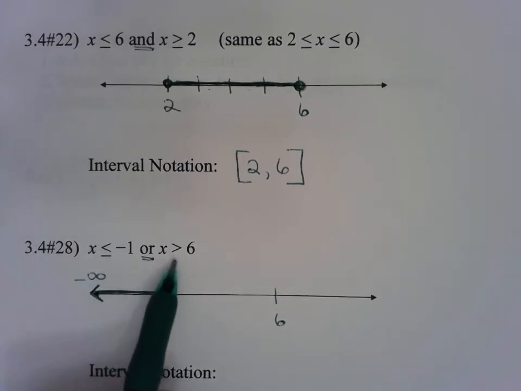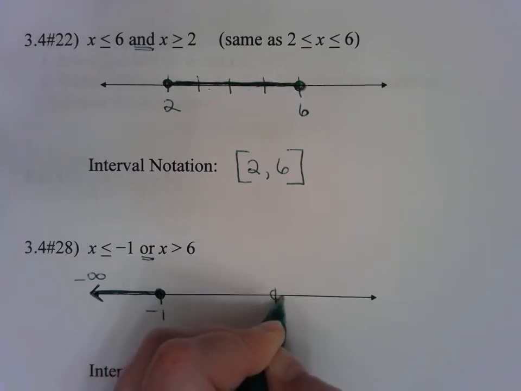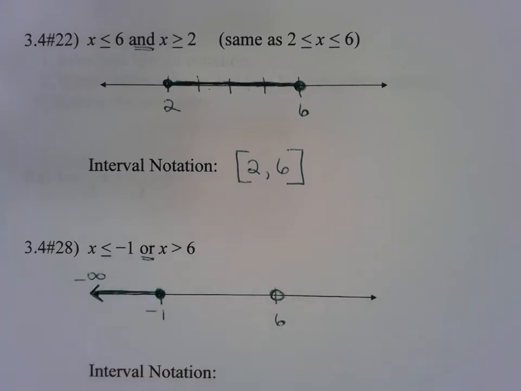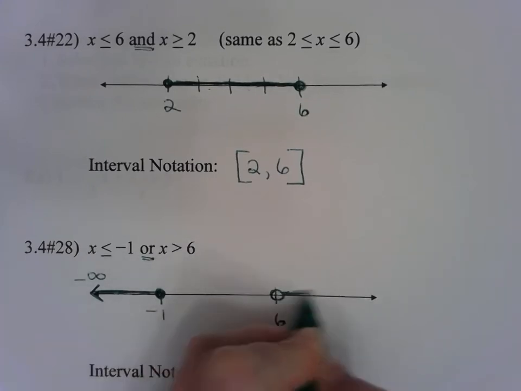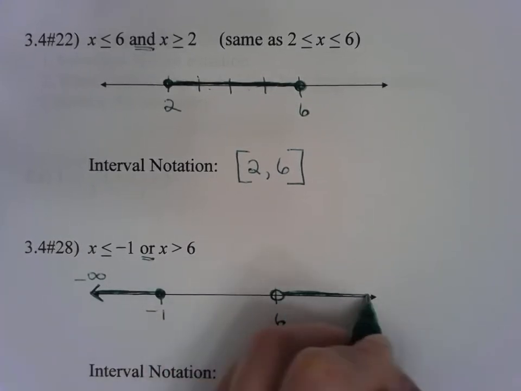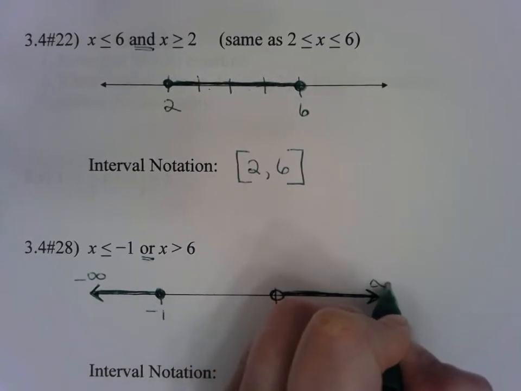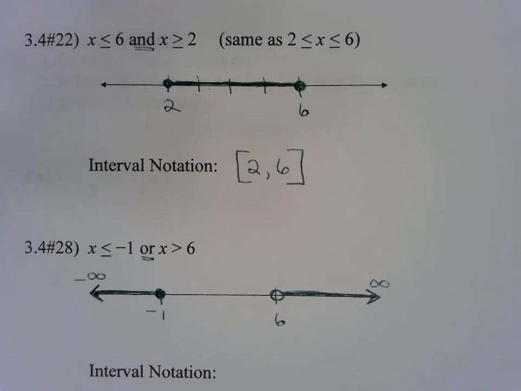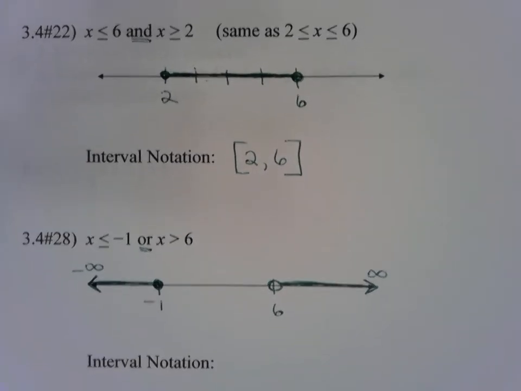Or I want numbers that are greater than 6. There's no equals bar, so I'm going to use the open dot and greater than. Notice these don't overlap. They don't meet in the middle. They're 2 separate sections.